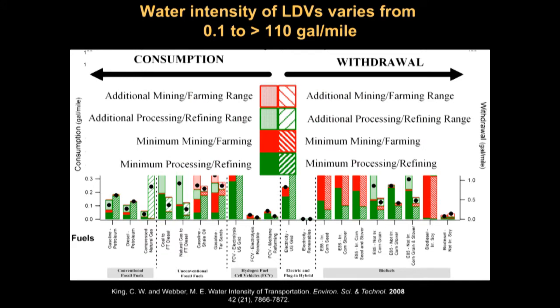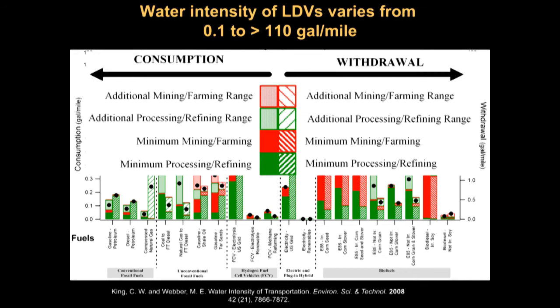For each fuel and technology, this supergraphic displays both water consumption, indicated by the leftmost bar, and water withdrawal, indicated by the rightmost bar. The water required for mining and farming parts of the life cycle are shown in red. The water required for processing and refining parts of the life cycle are shown in green. The results of this graphic assume an equivalent vehicle fuel efficiency of 20.5 miles per gallon for the average light-duty vehicle.